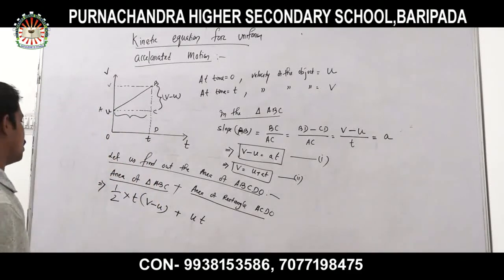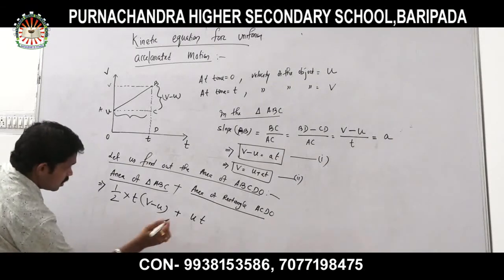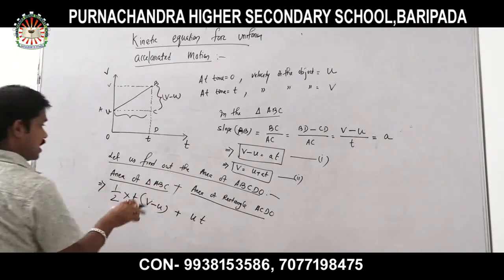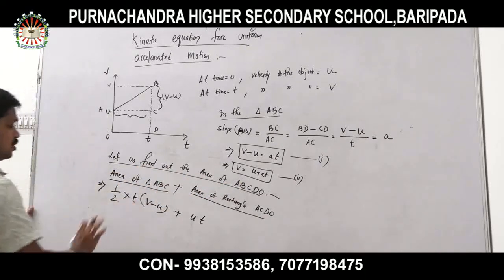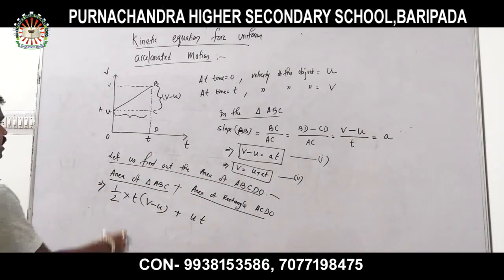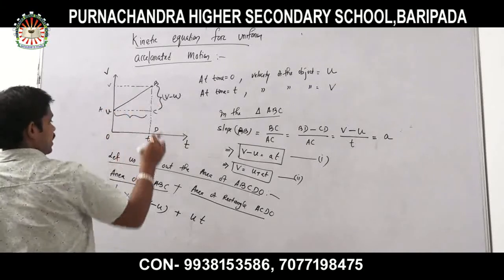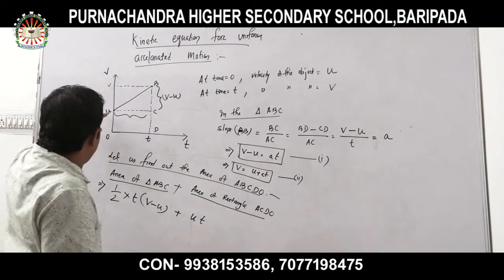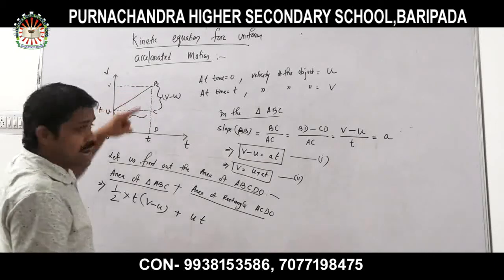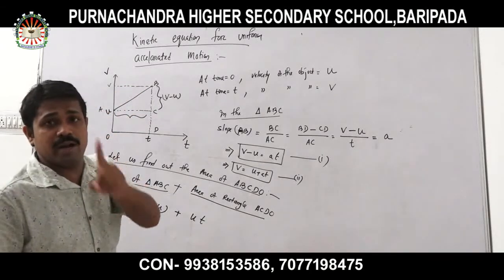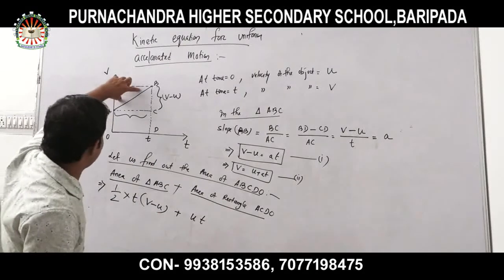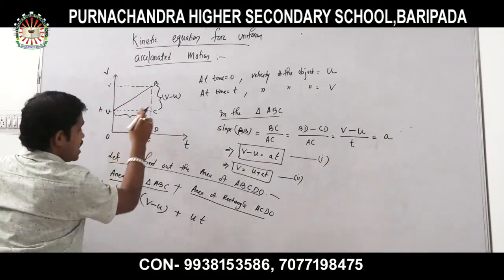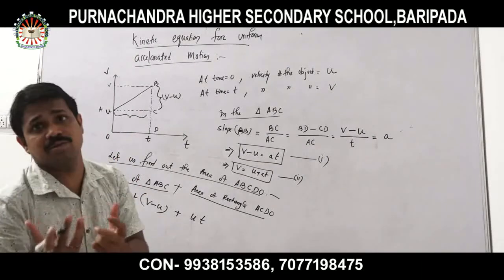So this is the area of ABCDO, equal to this much, and this is your VT graph. So area of ABCDO gives me what? The area under a VT graph. I told you, area under a VT graph gives me the displacement.